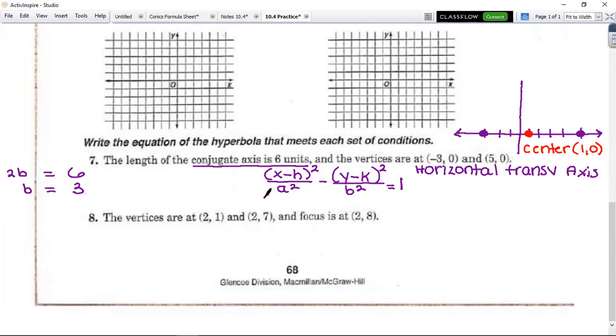So this is going to be x minus 1 squared, and then this one's just going to be y squared, and this is equal to 1. We already knew that your b squared value was 9. Last thing you need to find here is your a. Your vertices are -3, 0 and 5, 0, so all I have to do is count this. My hyperbola will look like this.